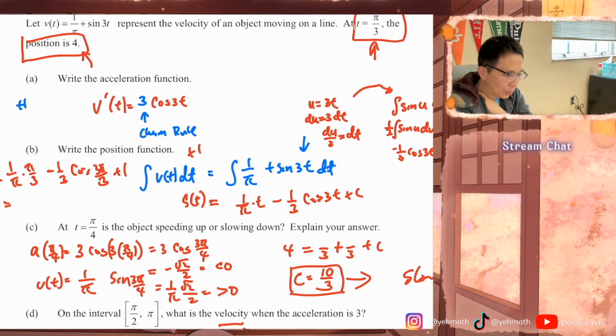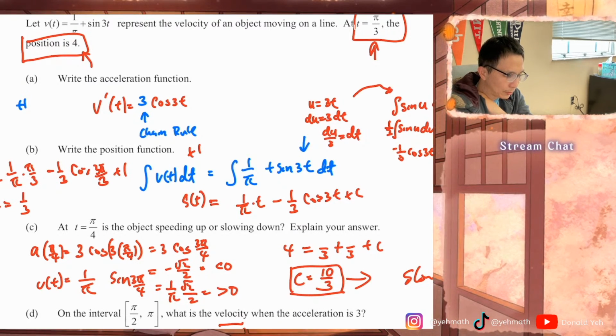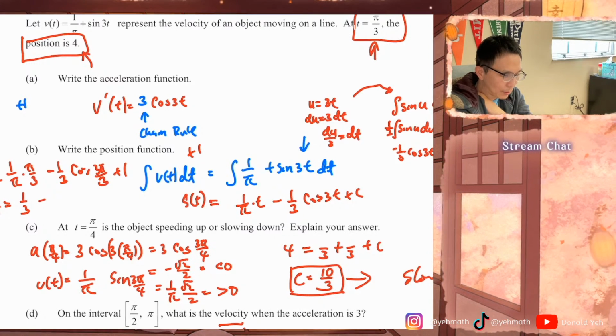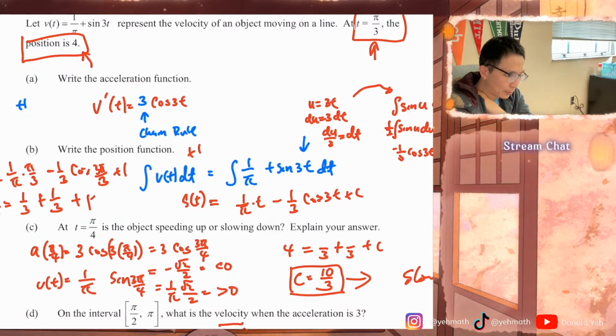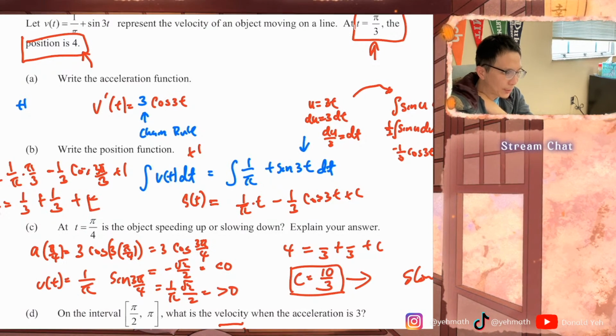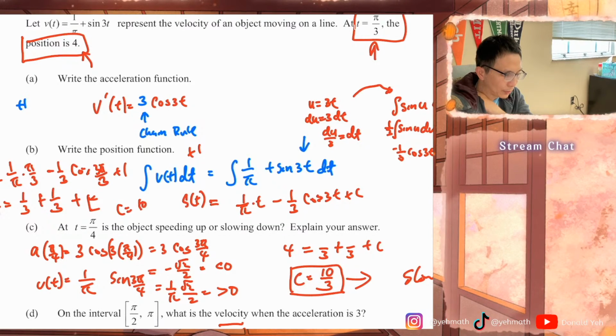So that's equal to 1/3. And this one is negative 1, so it'll be plus 1/3, plus 1, plus c. And then c is equal to 10 over 3 after that.